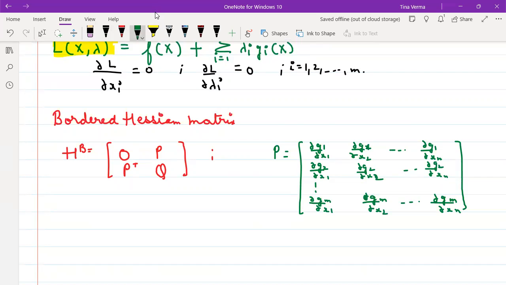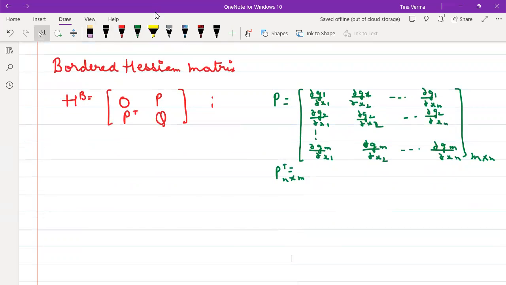So what will be the order of this matrix? M cross n. You have m constraints, but you have n variables. And P transpose means just the transpose of the matrix. And what will be the order of this then? N cross m, right? And Q is your matrix for your function, that you will have ∂²L/∂x1². Sorry, because we have the function now, the Hessian matrix which we have constructed for the function.